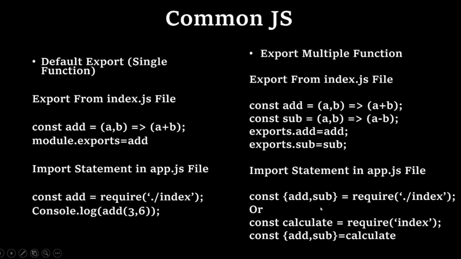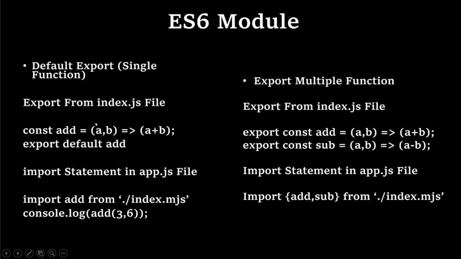For importing, either you can destructure it initially by using add, sub and require, or you can initialize another object like calculate and get the exported elements into calculate, and later you can destructure it and use it similar to the previous import. Like add of 3, 6, you can write it the same here, and sub of 3, 6. That is similar to how we use these functions in the ESM module.